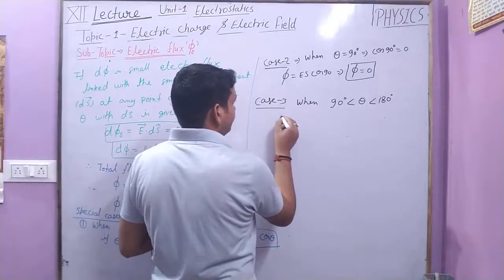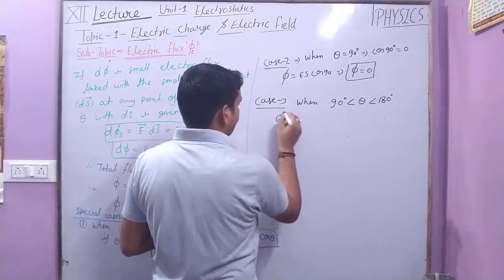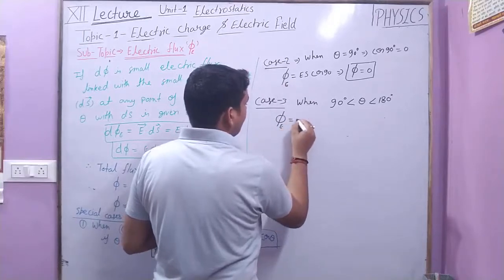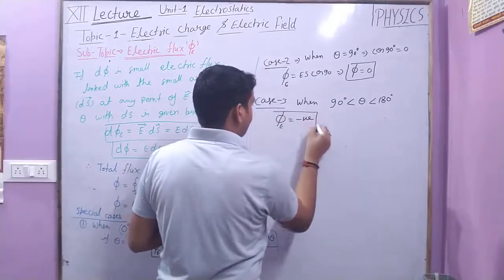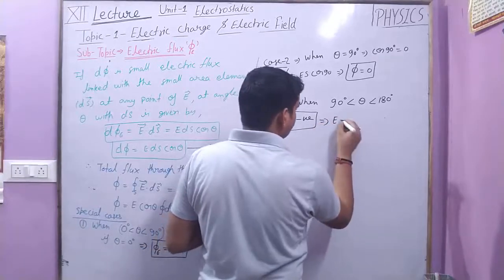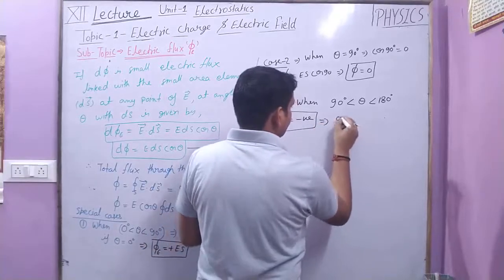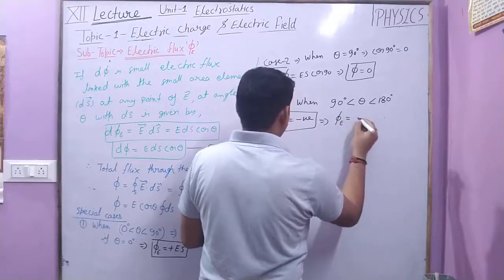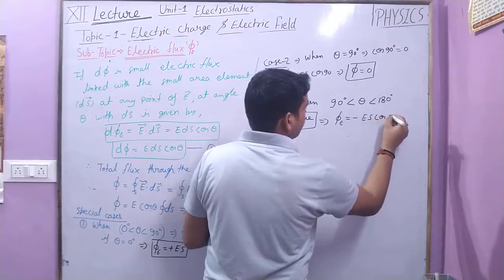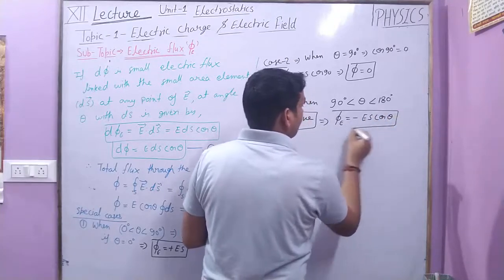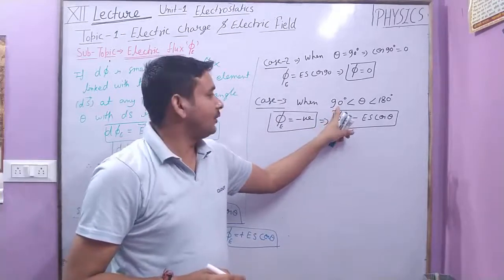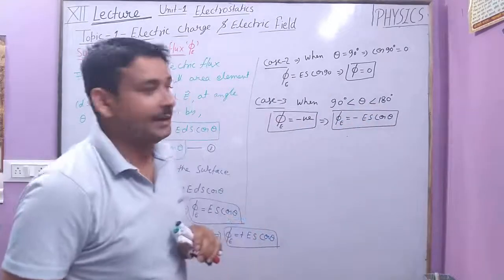Therefore we get phi is equal to minus Es cos theta for any value of theta in between 90 to 180.